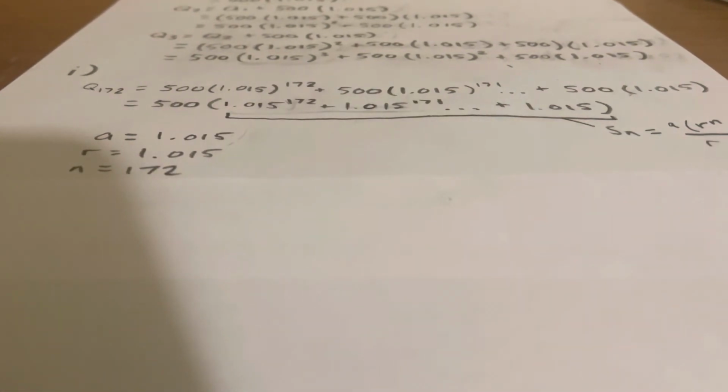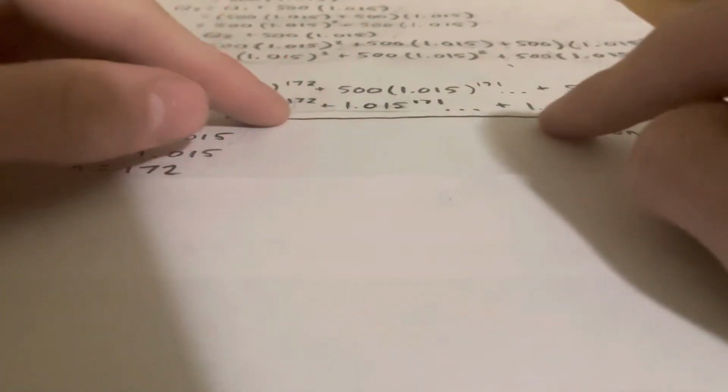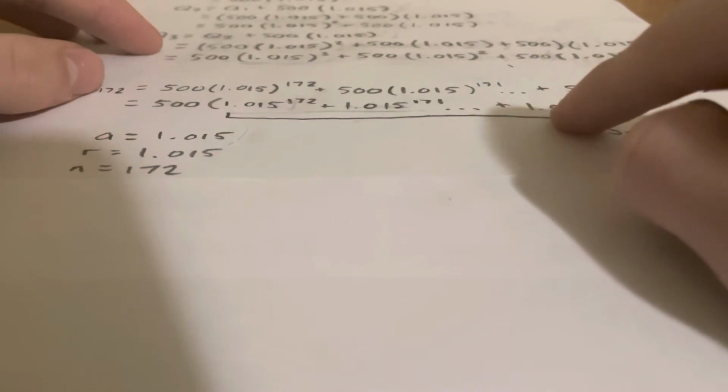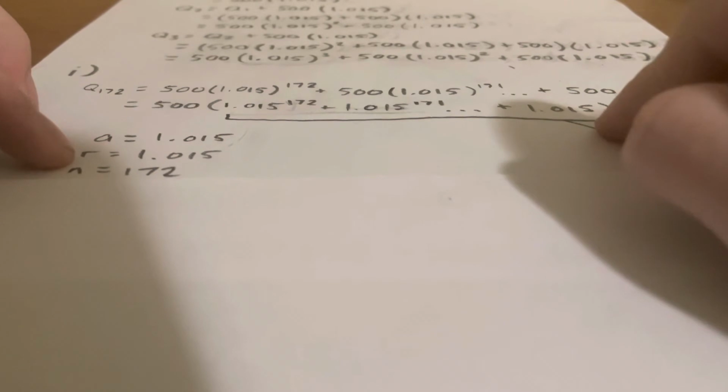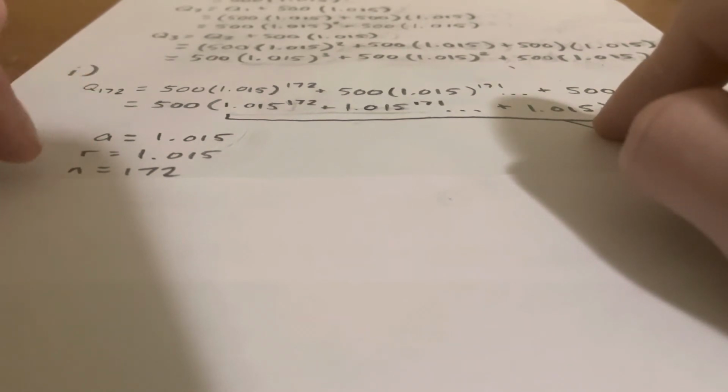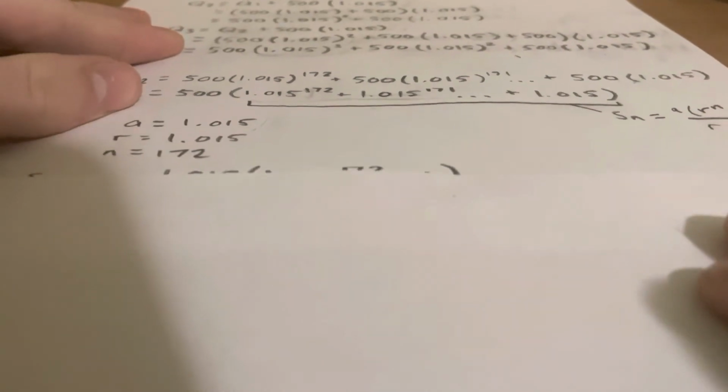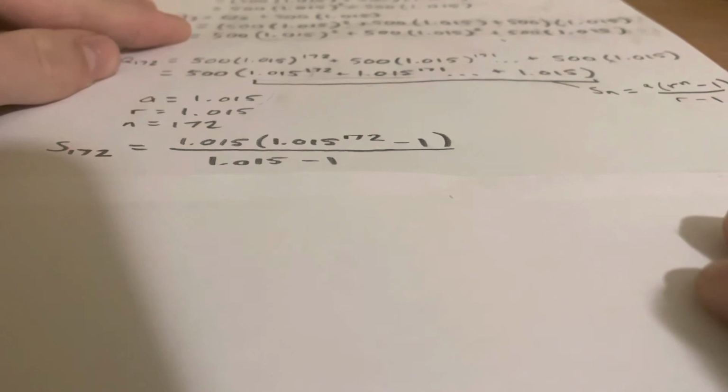So A is our first term. In the geometric series here, our first term is 1.015. That's also our rate, our ratio. And our n is just the number of periods, 172. Okay, I'm going to put it all into the formula.